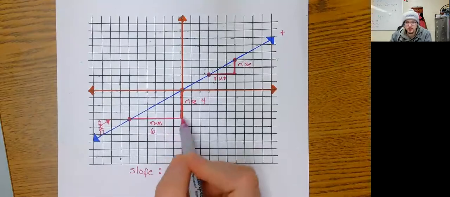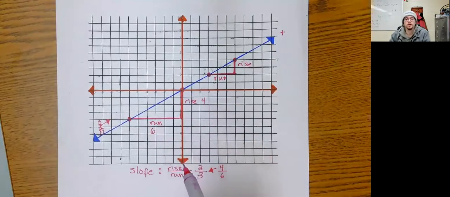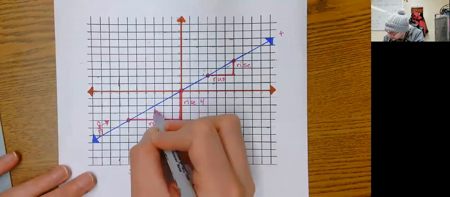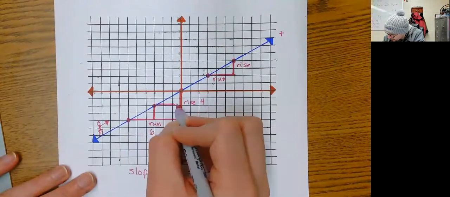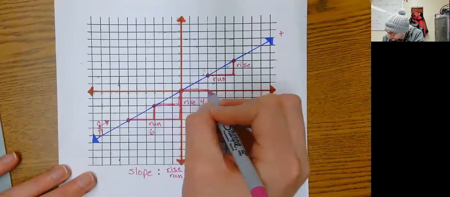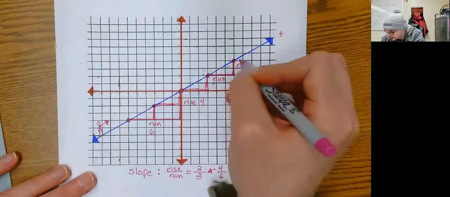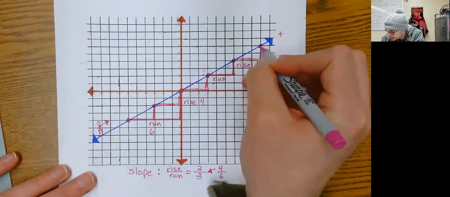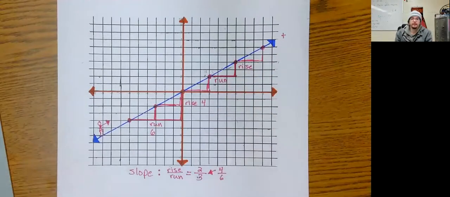This is over 6 up 4, but simplified, it is actually over 3 up 2. So you can do that. Totally fine if you get 4 over 6 or 9 over 12. Whatever you get, you just need to simplify it as much as you possibly can.